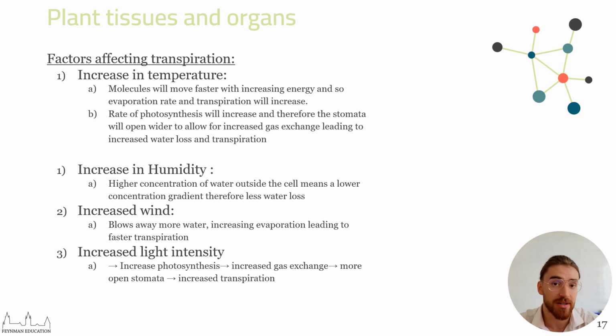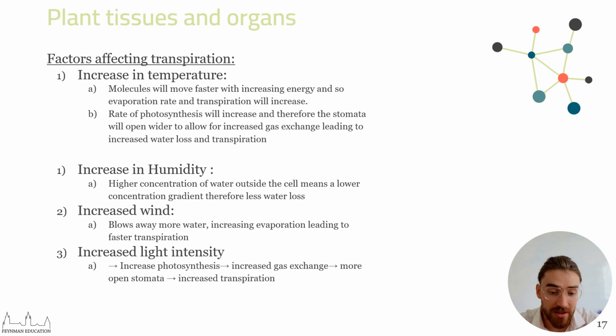The first is going to be an increase in temperature. As temperature increases, the rate of photosynthesis is going to increase, and therefore more carbon dioxide is required. So these stomata are going to open up more. This is then going to allow more water loss, as well as the fact that being hot, it's going to evaporate a lot quicker, also increasing transpiration.